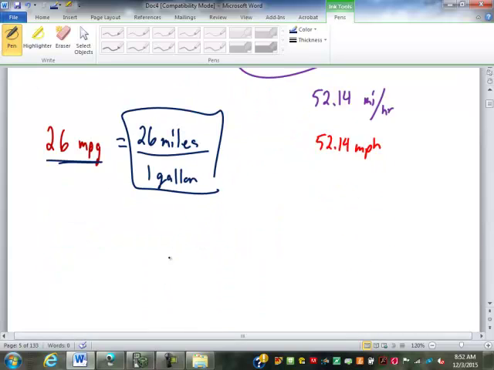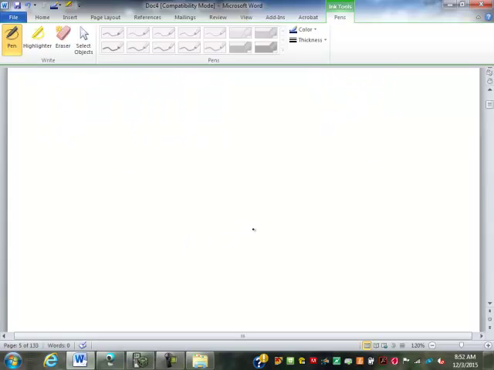Well, let's take a look at some other common rates. Other common rates we run into for you guys, I mean, obviously miles per hour, miles per gallon, wages. You get a job. You're going to get $12.30 per hour. That's a rate.